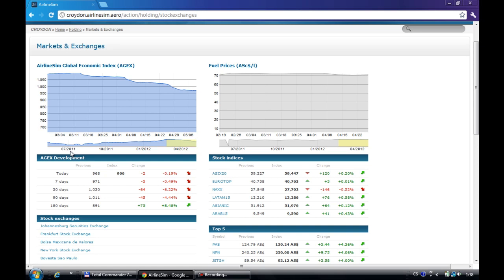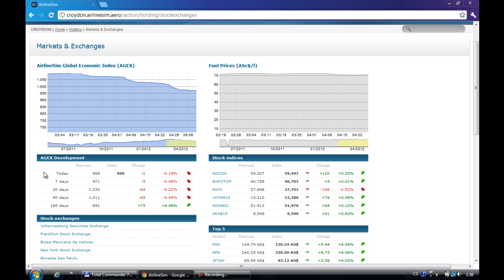Now, if this index would be on 100, the demand everywhere in every single airport in Airlinesim would be as before. But as you can see, the index is now on 968. That means that where there were 1,000 passengers in demand before, there are now only 968.